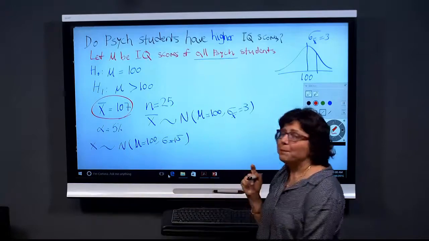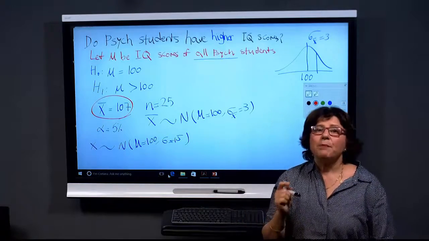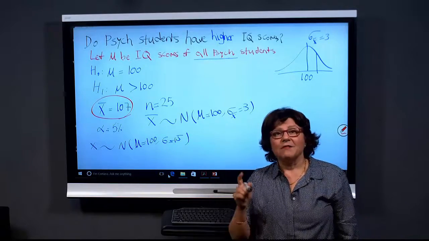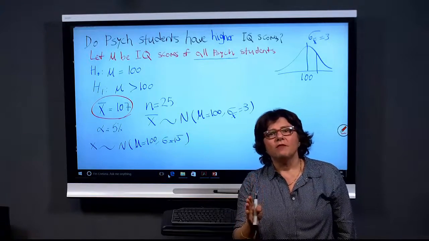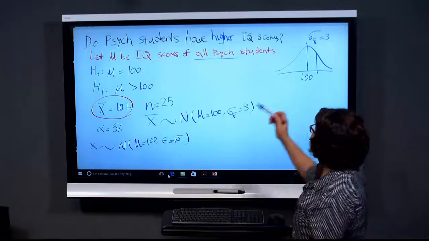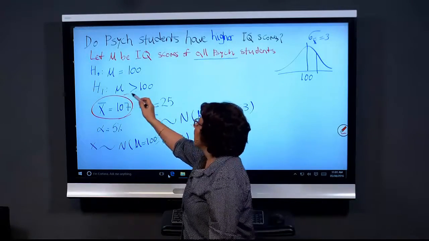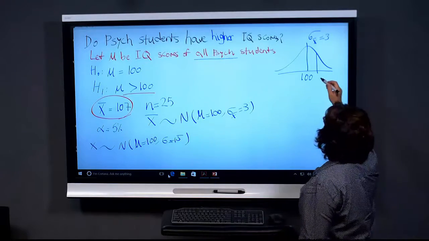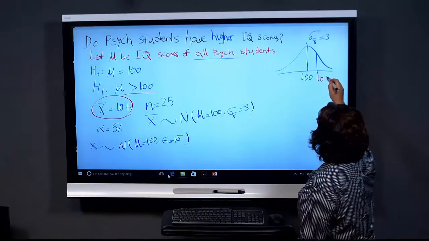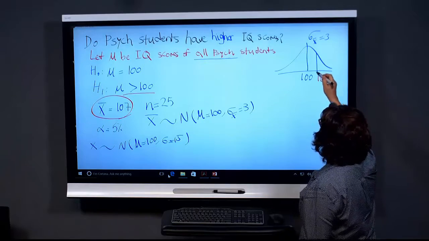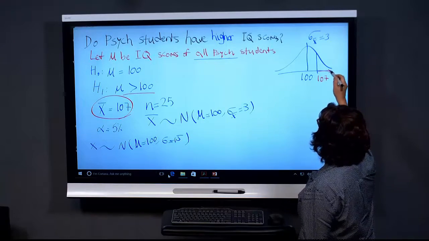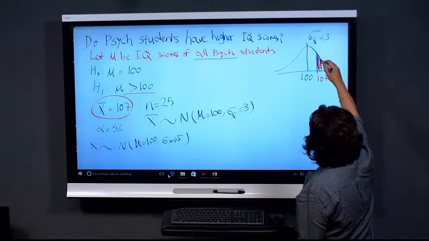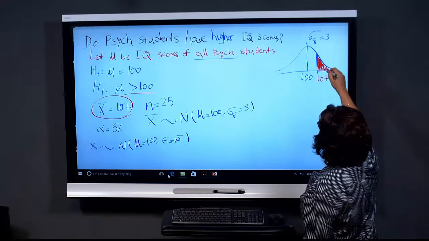All right? P-value is the probability of observing a value that we have observed, or even more extreme, in the direction of the alternative hypothesis. So p-value would be the probability of observing 107 or even more in the direction of the alternative hypothesis. So p-value would be this area under the curve.